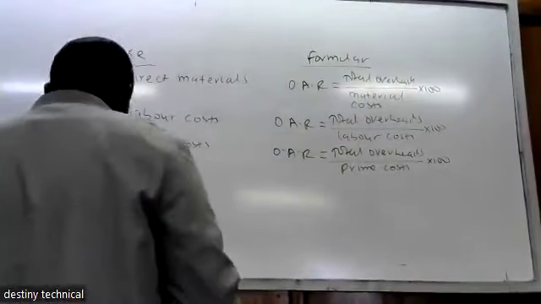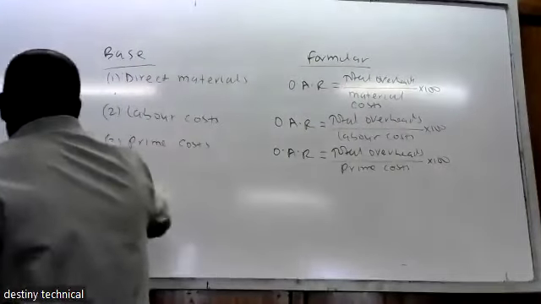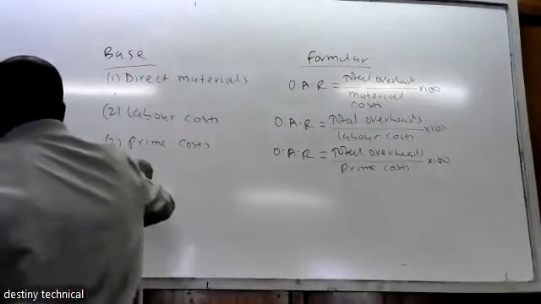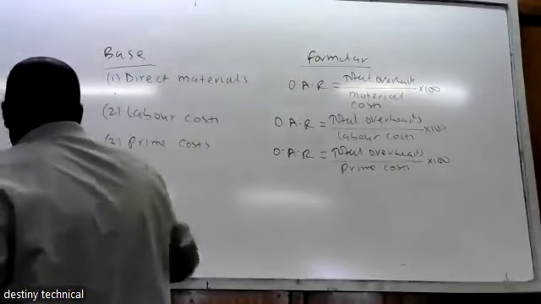The next one will be accumulated costs. Number 4 should be accumulated costs.